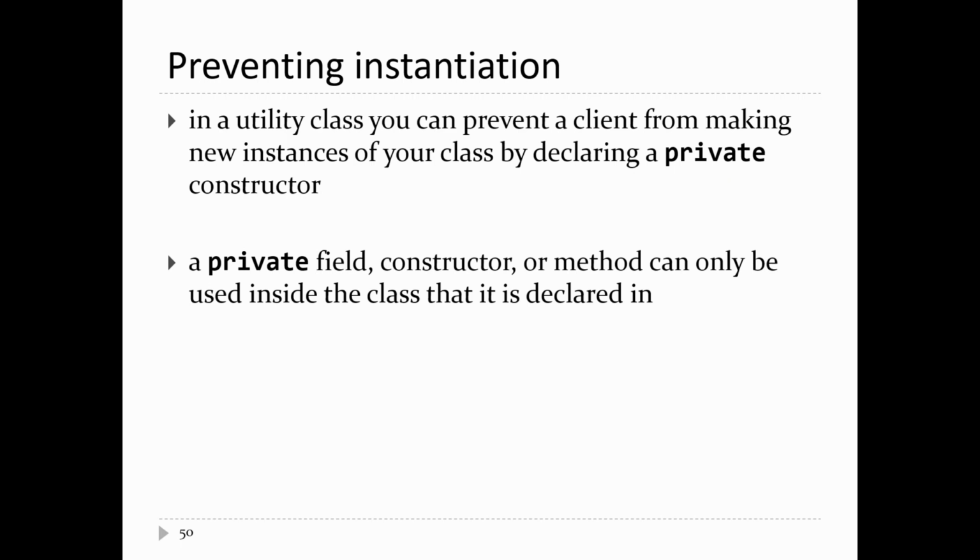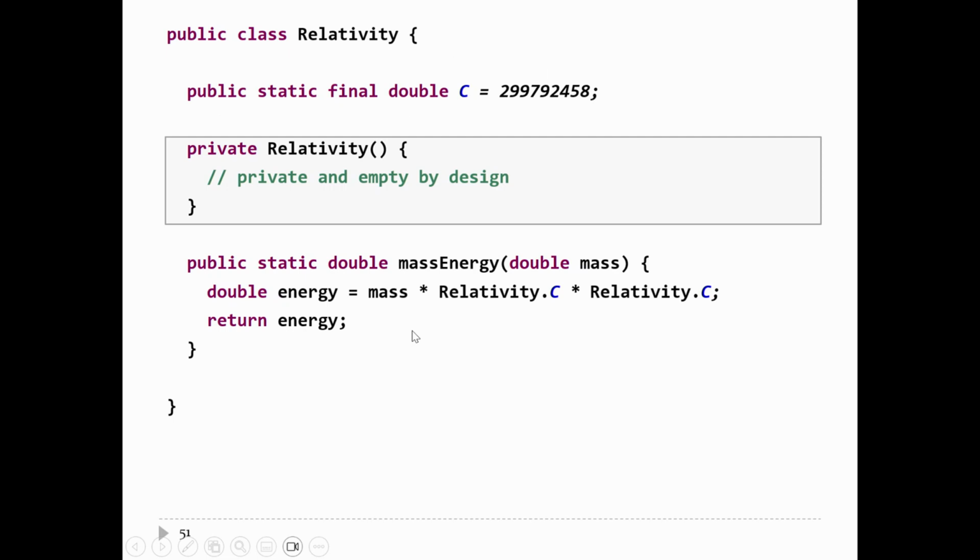And as soon as you make at least one constructor in your class, the compiler no longer makes the no argument constructor for you. So put in a private constructor. The constructor does nothing. The only purpose of this constructor is to stop people from making relativity objects. And so by adding that private constructor, you've now prevented anybody from making an object using your class.